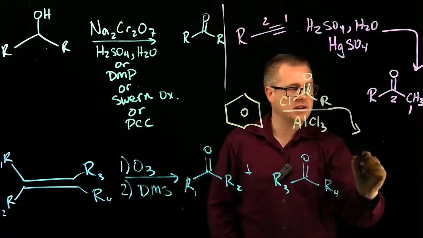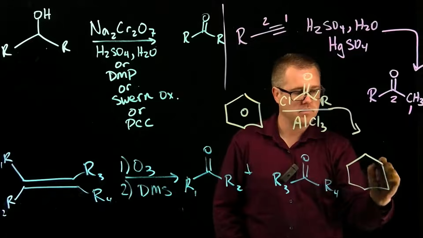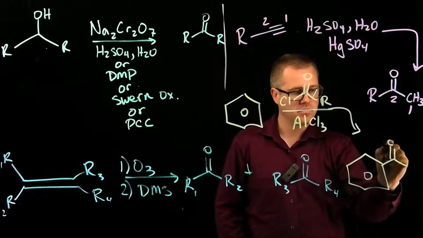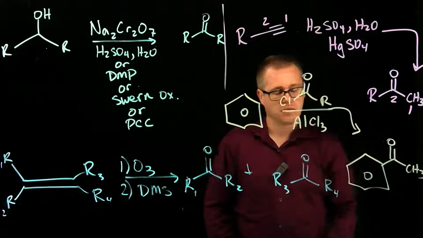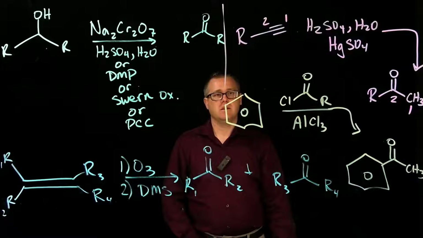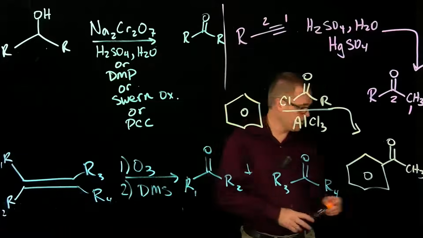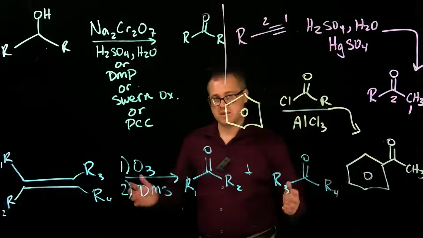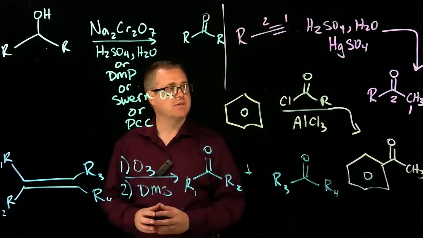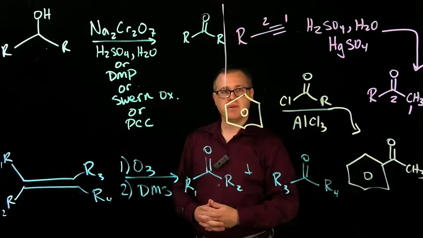That's going to give us a compound that looks like this. And that right there is a ketone. So a lot of tools in your organic chemistry synthesis toolbox. Lots of reactions to get us the type of functional groups that we are looking for.